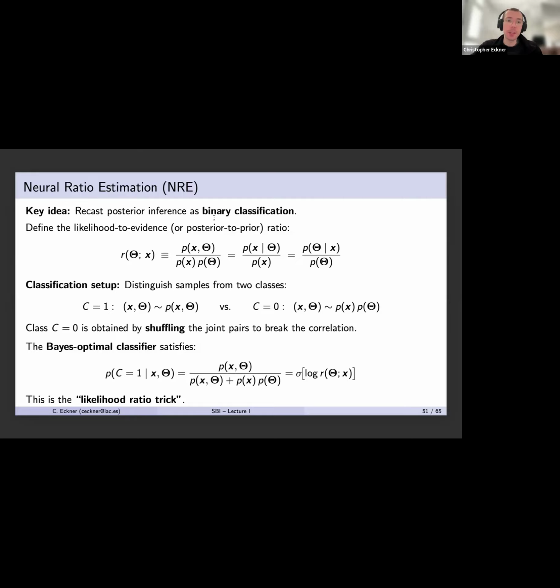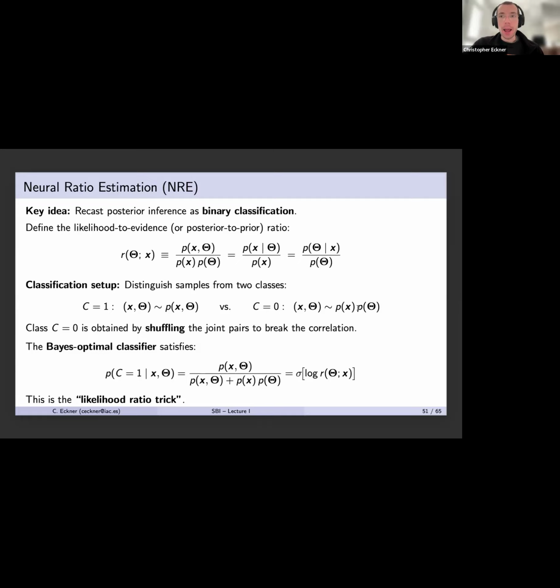You can ask your neural network to distinguish two classes. Class 1: simulations and parameters match each other, so they are drawn from the joint probability density, versus class 2: data and parameters come from marginal distributions.